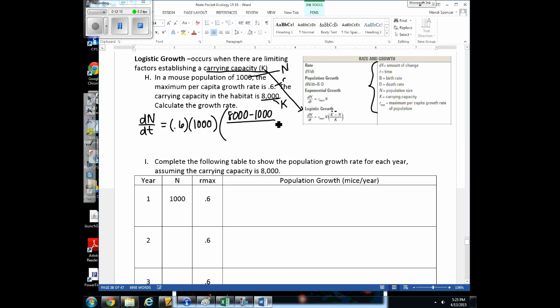And we're going to divide by the carrying capacity, which is 8,000. So I'm just plugging those numbers into the equation. Whenever you simplify, this area equals 0.875. We have 0.6 times 1,000 times 0.875. And that tells us that this population, when there's a carrying capacity, is going to have a growth rate of 525 individuals per year.